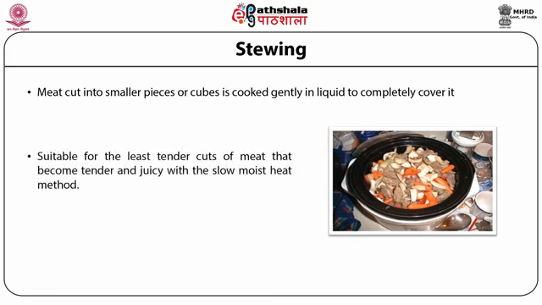Stewing is suitable for the least tender cuts of meat that become tender and juicy with the slow moist heat method. Cuts having a certain amount of marbling and gelatinous connective tissue give moist, juicy stews.